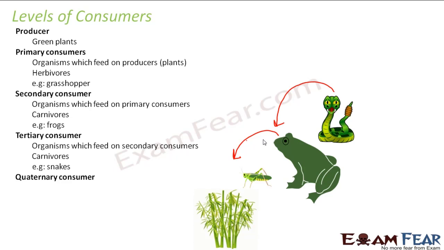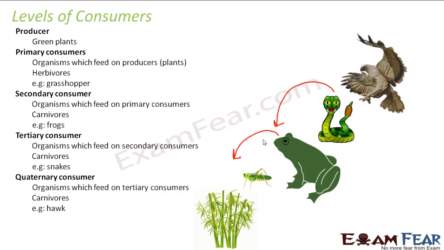That means something which is feeding upon the tertiary consumer. That organism is also going to be a carnivore. For example, here this bird called hawk, you would have heard about it, right? It's a very big bird and it generally feeds on other animals. So if you see all these three, frog, snake as well as the hawk, they are all carnivores. But since they feed on different animals, their levels are different.